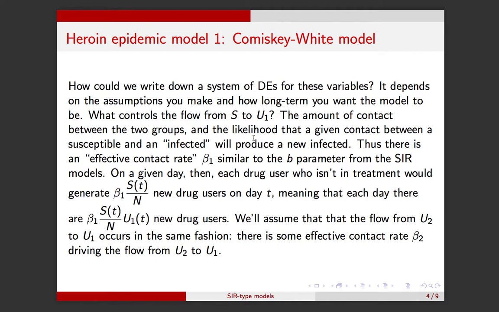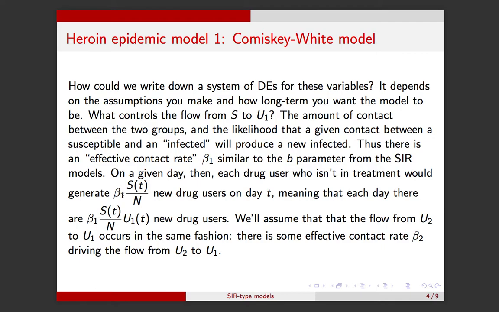So just like in the SIR models, on a given day, each drug user who's not in treatment is going to generate this amount of new drug users per day from the susceptible group. So here's my effective contact rate, this beta 1, and then capital S over N. N is still the total population, just like before. S over N is just the proportion of susceptibles in the population. So this was just like with the SIR model, except I've replaced a B with the beta 1 for this new context.